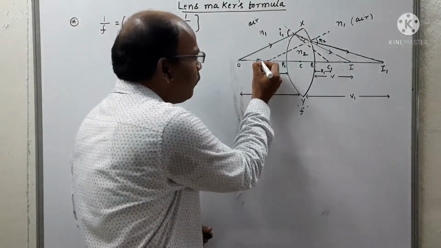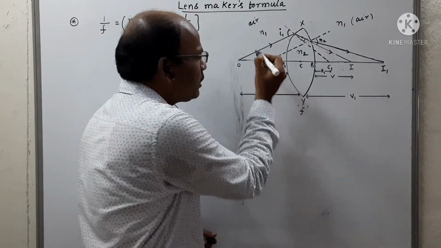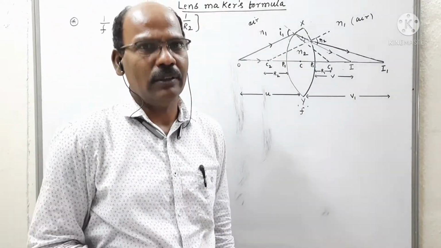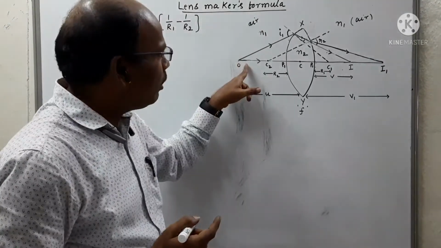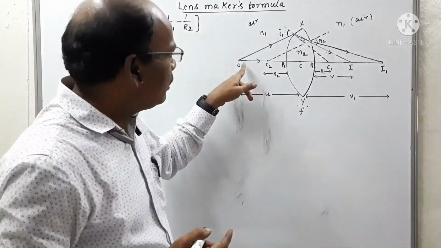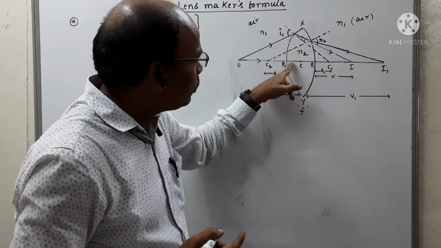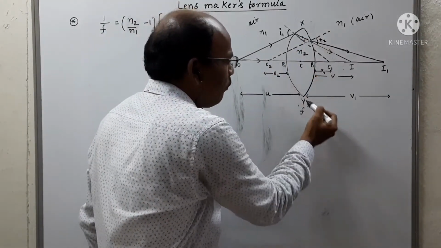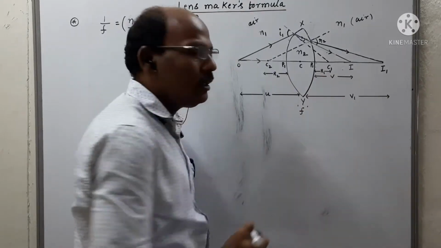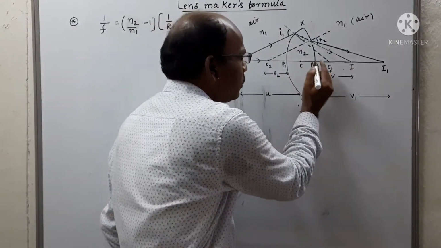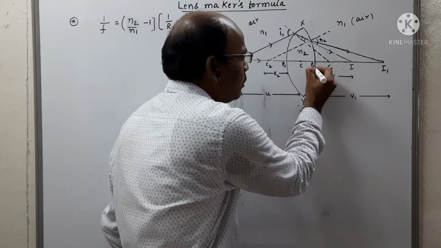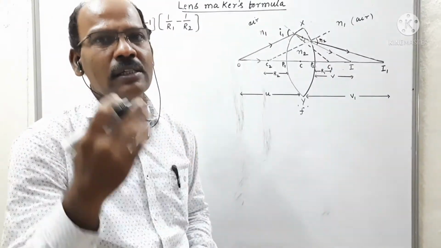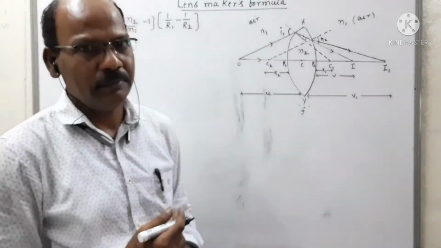Then in order to form the image, we must consider two light rays from the point object. The first one is the normal incidence which is moving perpendicular to the first refracting surface XP1Y. P1 and P2 are the poles of the two refracting surfaces of the convex lens.